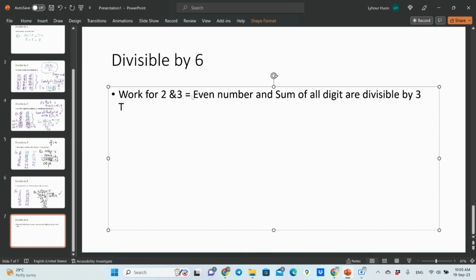Therefore, that number is divisible by 6. Now we can come to the conclusion. If it works for 2 and 3, then it's divisible by 6.